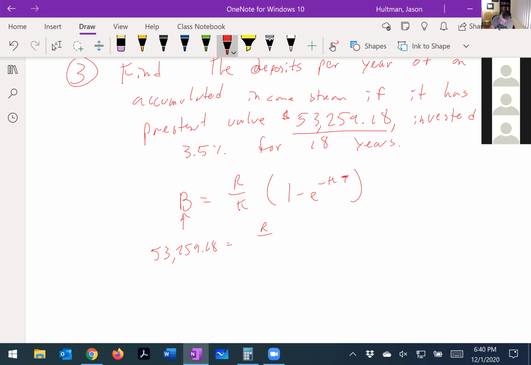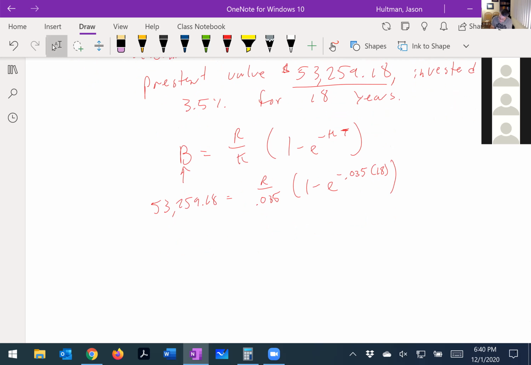I'm looking for R because I don't know what R is. Those are the deposits per year. We're going to assume that they're all the same, constant deposits. R over K, which is 0.035, times 1 minus e to the negative 0.035 times T, that's the accumulated number of years, which is going to be 18.